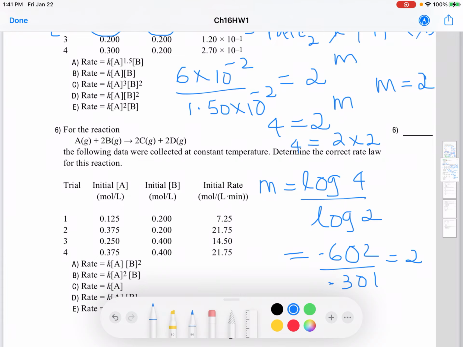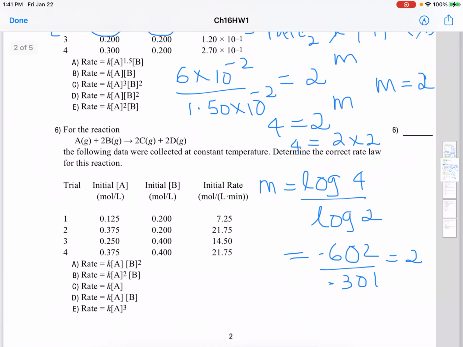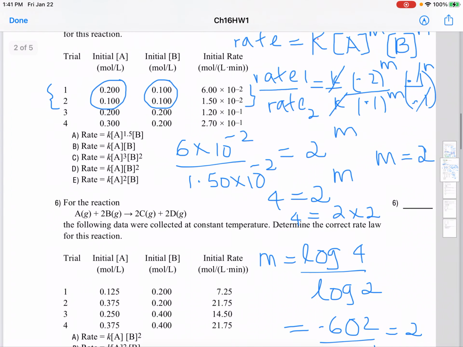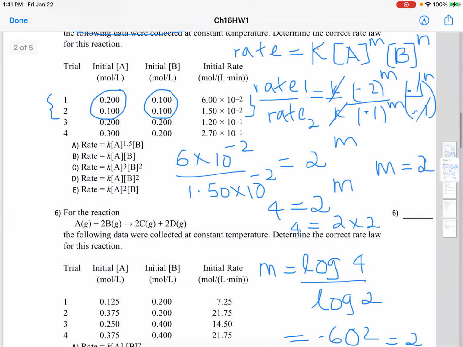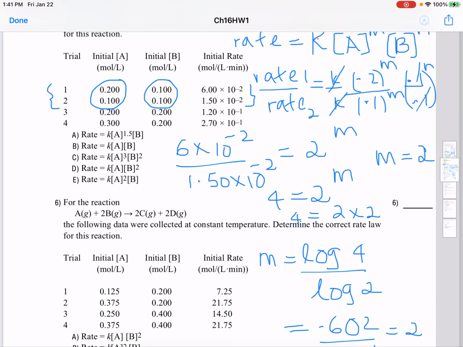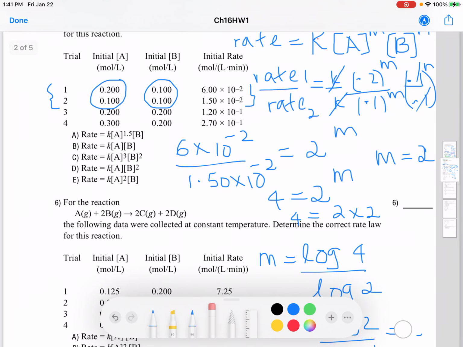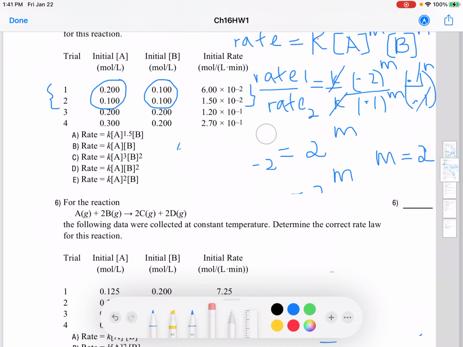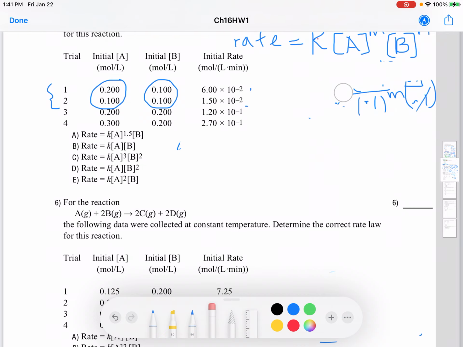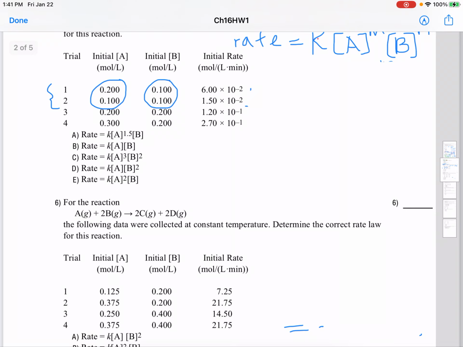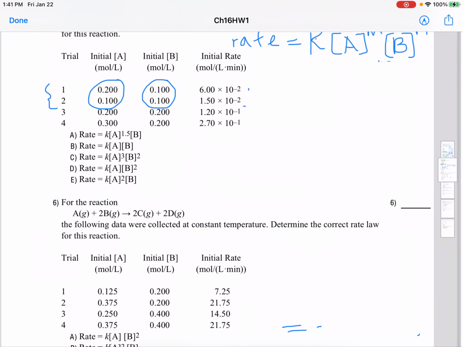So now we're going to do the same thing to find the order with respect to the concentration of B. I'm going to go ahead and erase this part over here so I can have more space. Now we are going to do the same thing, but this time we're going to choose 2 different rates where we can keep the concentration of A constant.